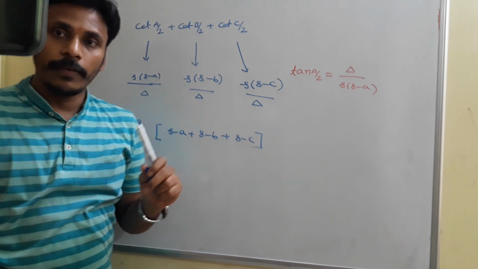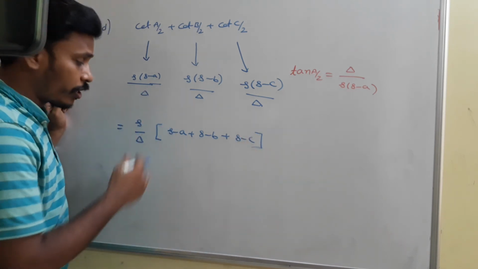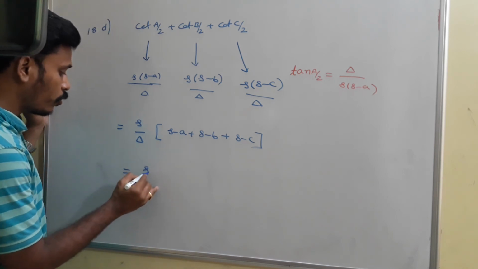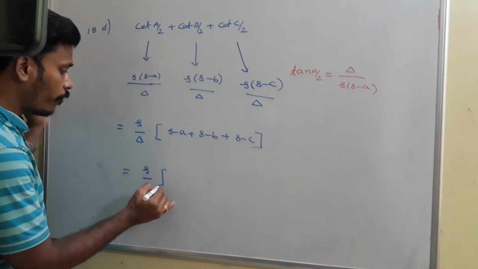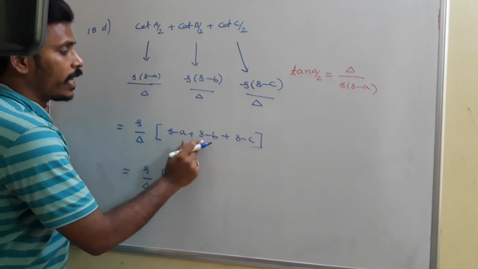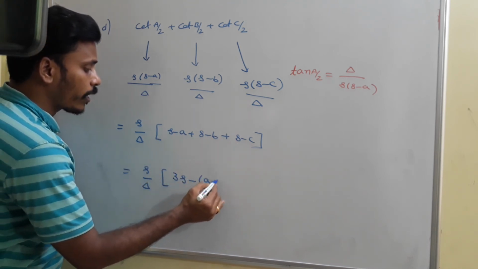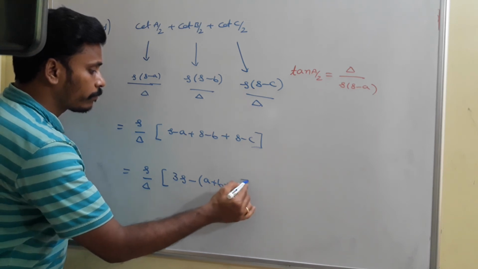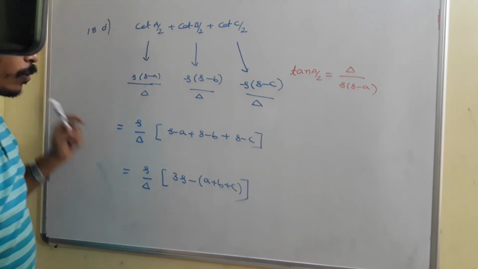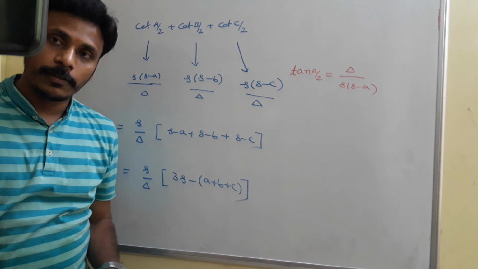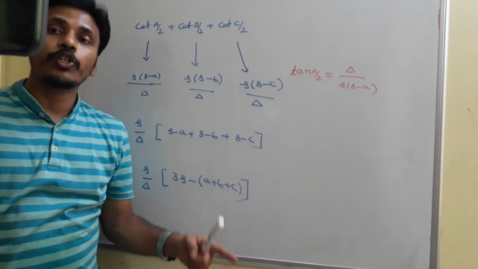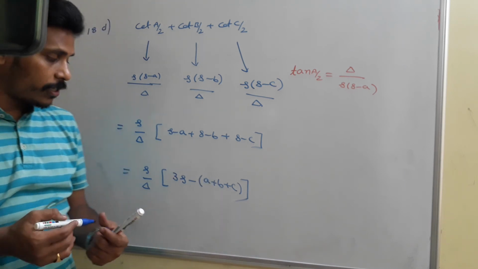Is it clear? Everybody, you need to pay your concentration here. This is equal to s by delta of, what is this sum? It is 3s minus of a plus b plus c. Is it right? And what do you say about this a plus b plus c? A plus b plus c is 2s, because a plus b plus c is the perimeter.